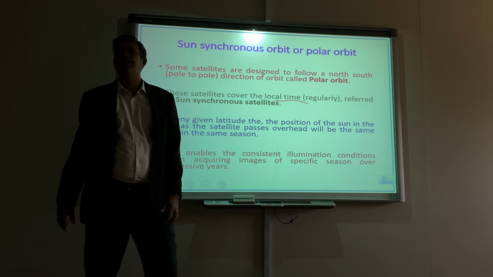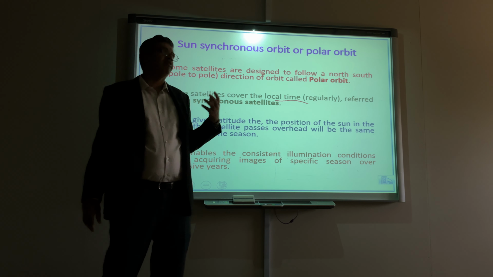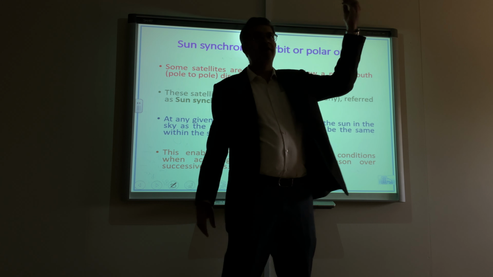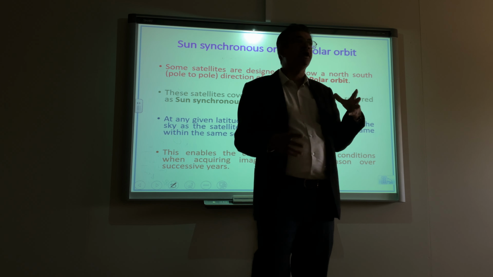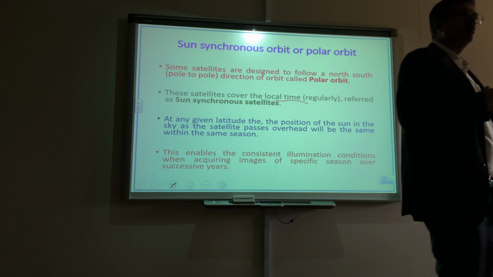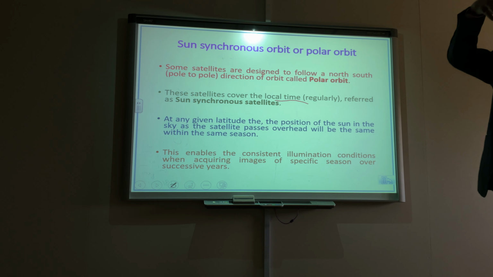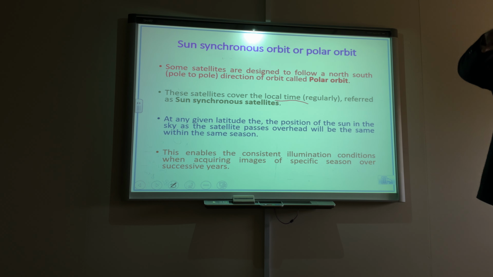Now what is the advantage of that? The advantage is that if the sun is at the same position every day when you are taking the image of an area, it makes it easier to compare the images, because every time you have the same amount of light on the image.